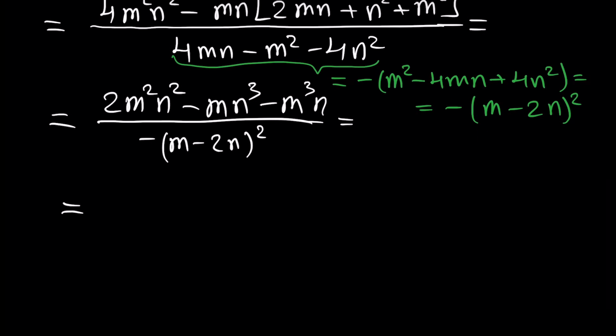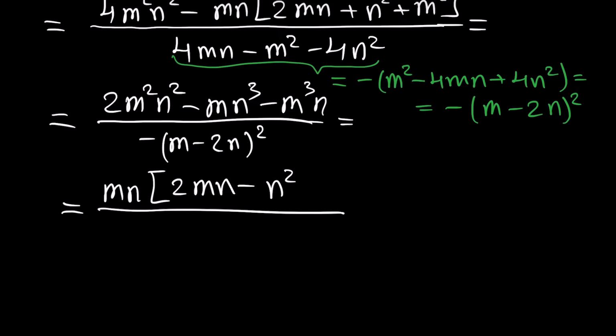Next, if we take out mn again, we will have in the numerator of our fraction 2mn minus n squared minus m squared, divided by minus (m minus 2n) squared.